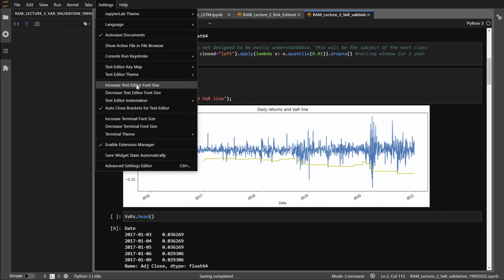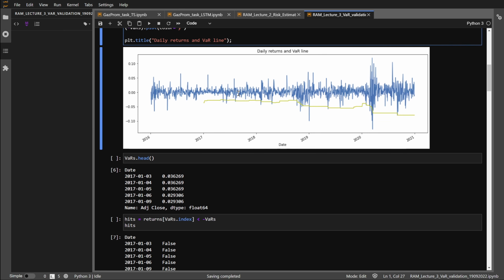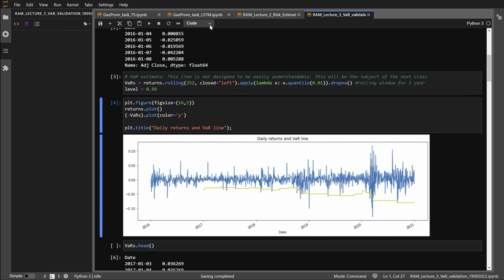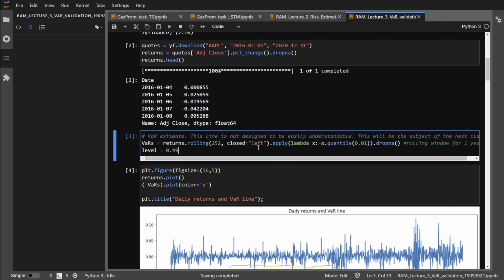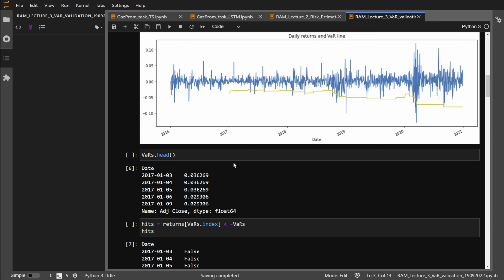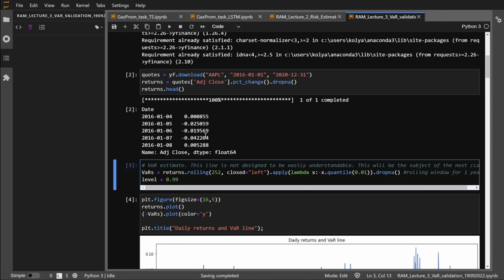So this is the idea. Every day I simulate the actual course of life. So what would happen if I constructed my portfolio at some point in the past?